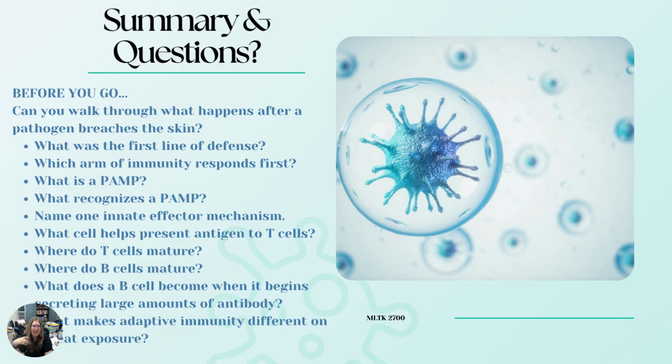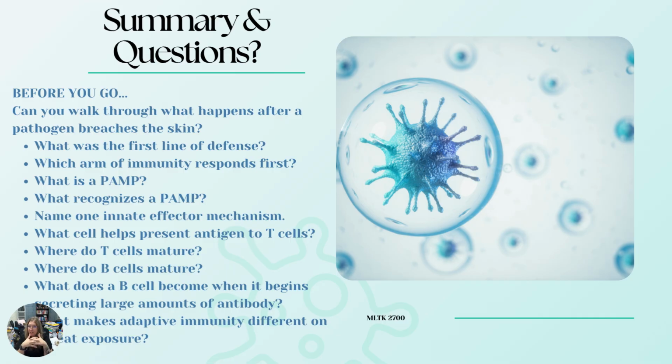What might happen next? Think inflammation, phagocytosis, complement activation, and recruitment of additional immune cells. And who can help carry that information forward into adaptive immunity? Antigen presenting cells, specifically those dendritic cells, right?